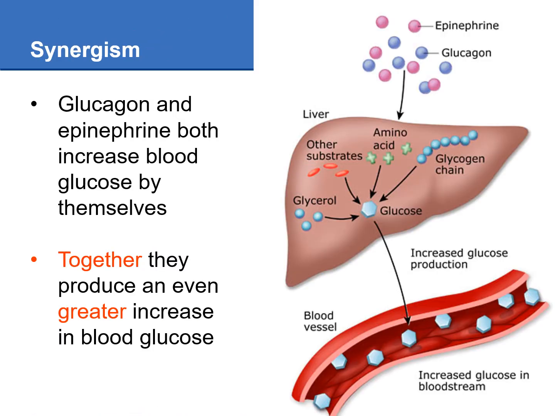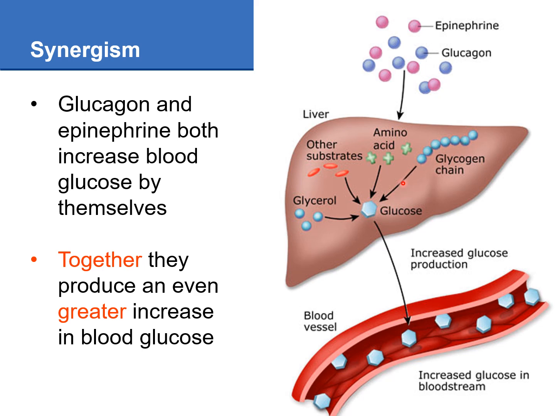So let's give you an example of synergism. So two hormones that are synergistic to each other are glucagon and epinephrine. So they both are going to increase the glucose levels in the blood. So they both will act on the liver. And if you look at what's going on in the liver, notice that they're going to take the glycogen stores in the liver and break it down into glucose.